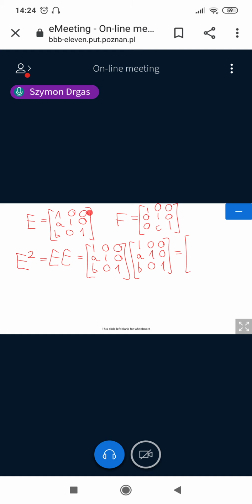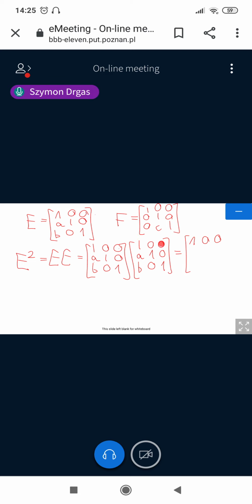Okay, and we can use the fact that we have 1, 0, 0 in the first matrix, so it means that it won't change the first row of the second matrix, so we just can write 1, 0, 0.